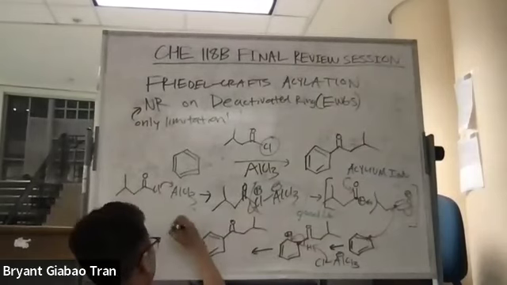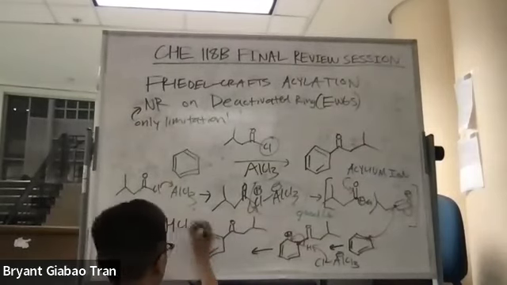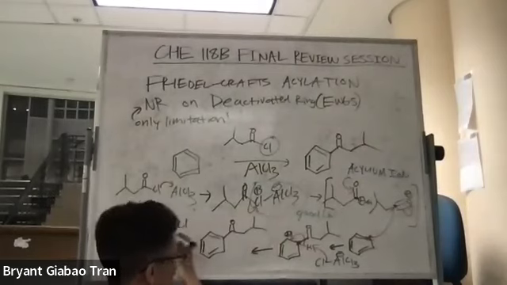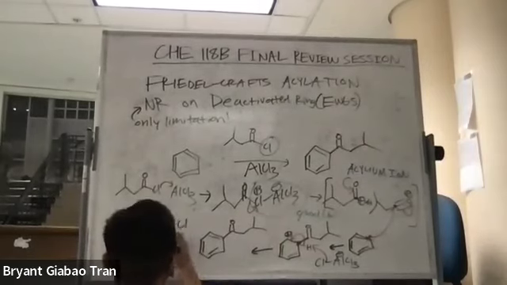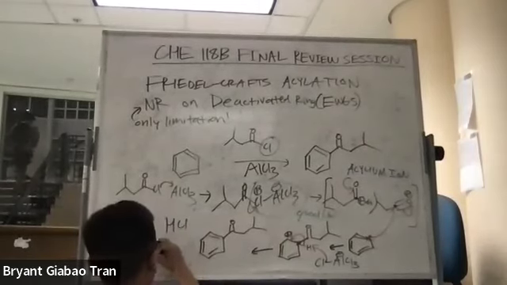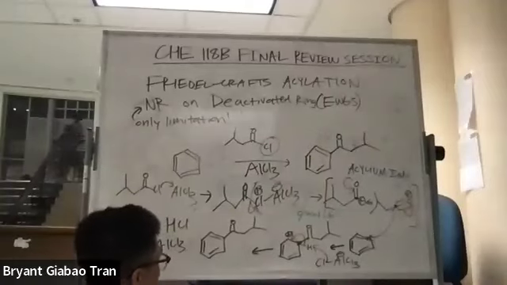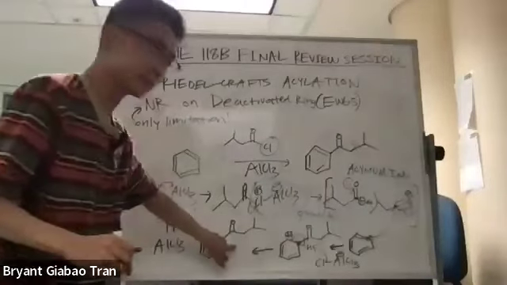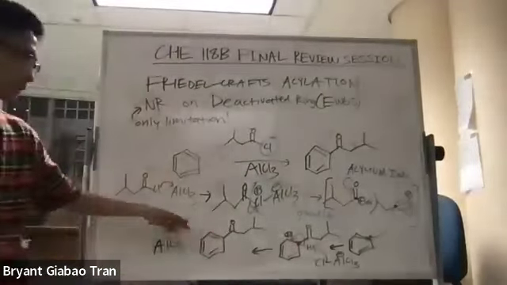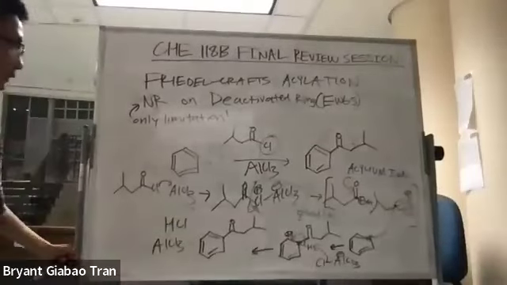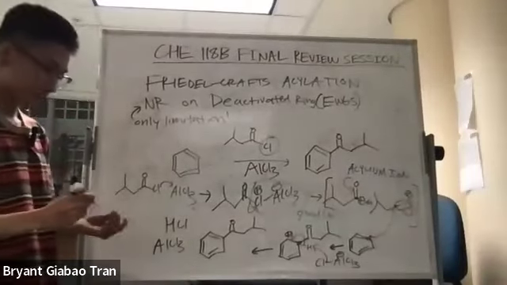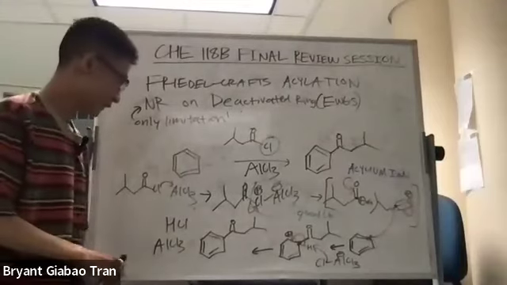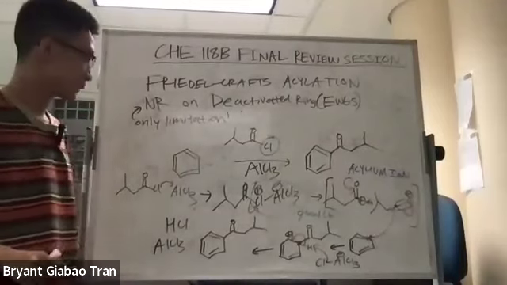HCl and the AlCl3 catalyst get reformed as side products, which you will not have to put on the predicted product, only in the mechanism. For predicted product, the important thing here is the acylated benzene ring. So that's the mechanism for that.